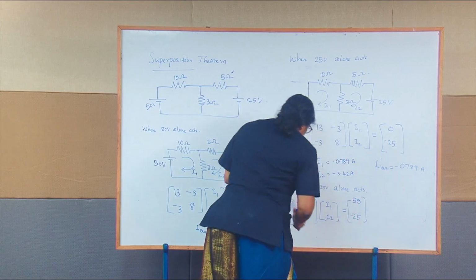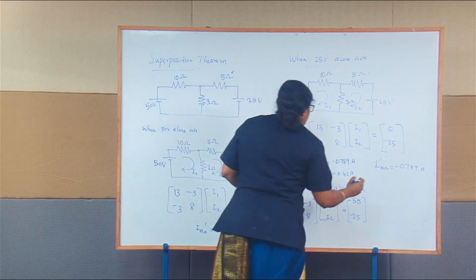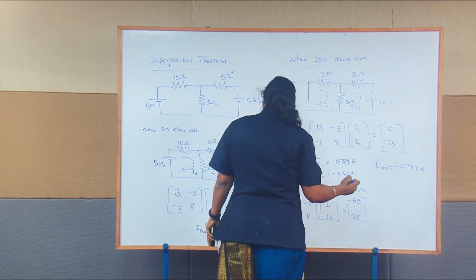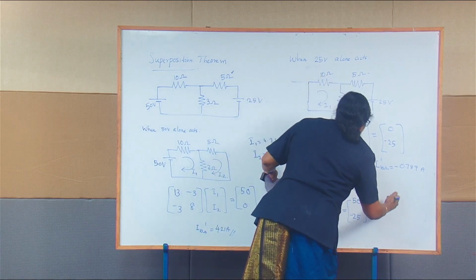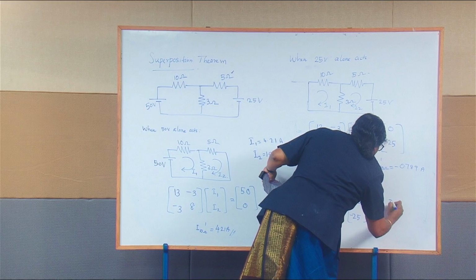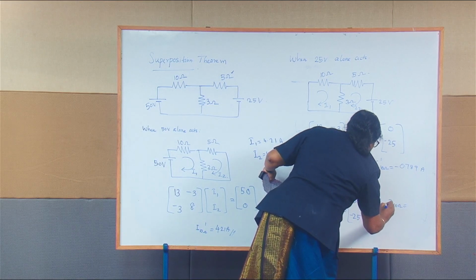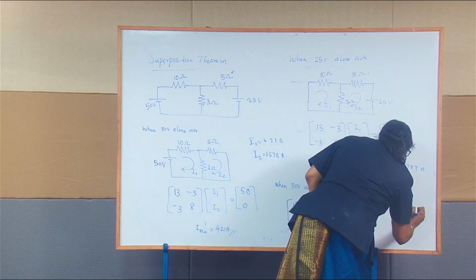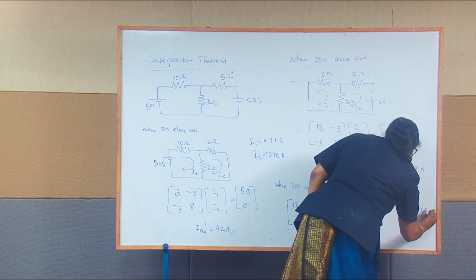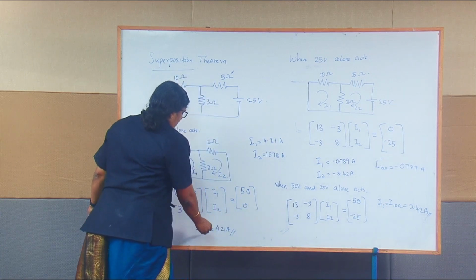If you solve this, you will get the value of I1, that is the current through the 10 ohm, as 3.42 amperes.